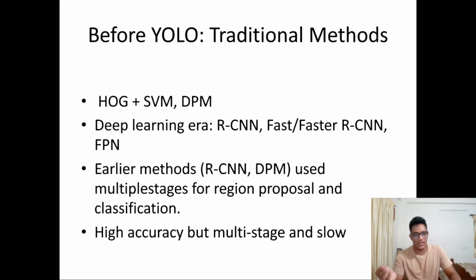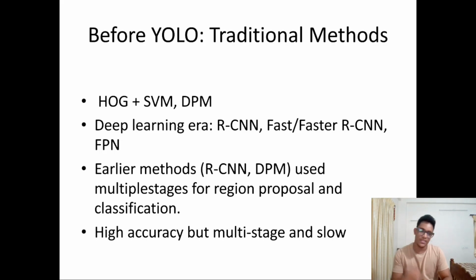Then we entered the deep learning era, where we use deep learning algorithms such as CNN and R-CNN, that is region-based convolutional neural network. It proposes different regions within the image, and for each of these regions, calculations are implemented to detect an object.